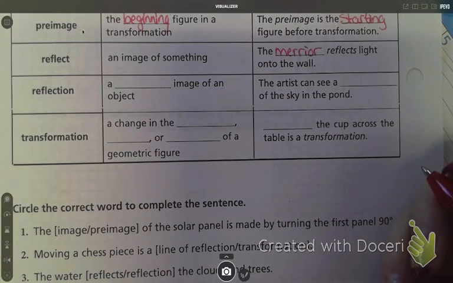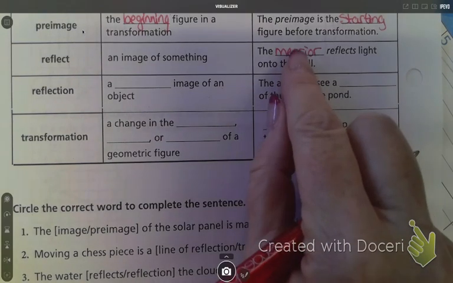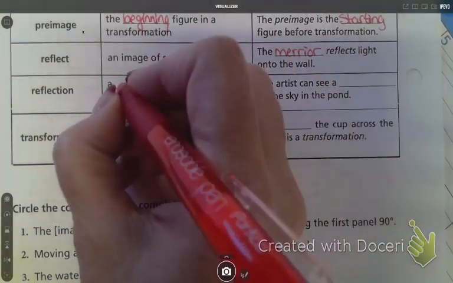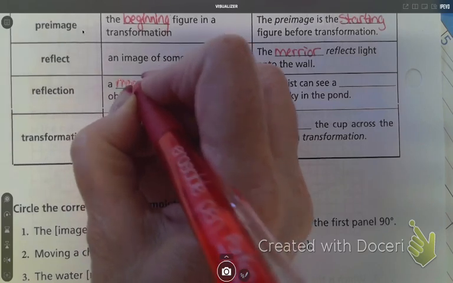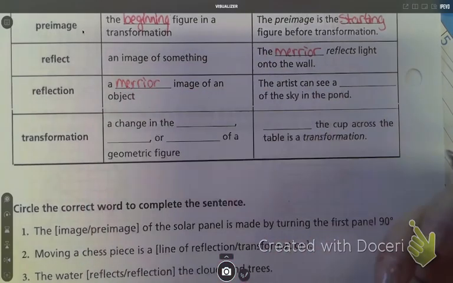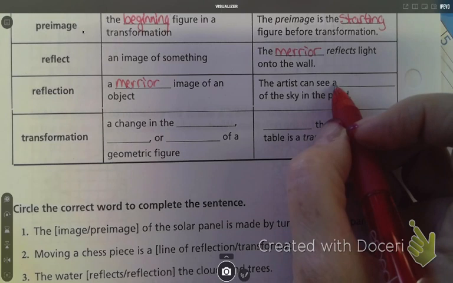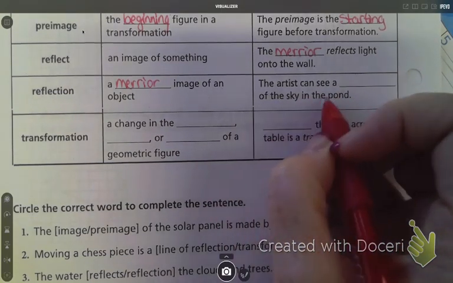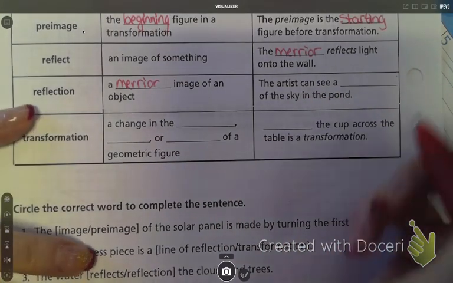Okay, reflection, a blank image of an object. A mirror image. The artist can see a blank of the sky in the pond. Reflection.